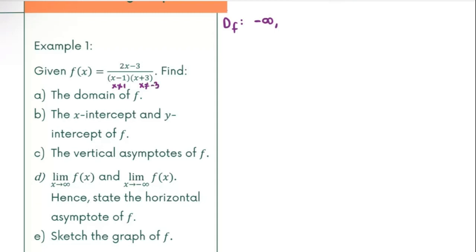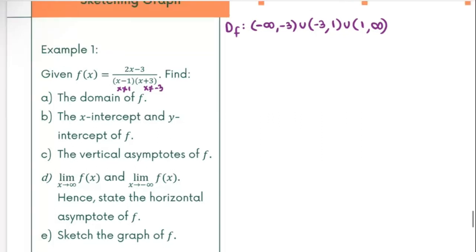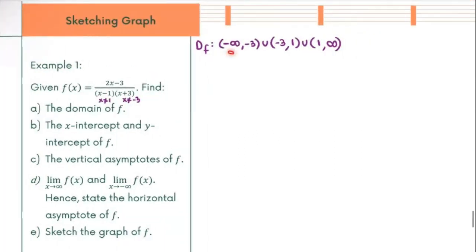Okay, sebab kita samakan denominator dengan kosong kan. So that means our domain will be all real number except negative 3, union negative 3 to 1, union 1 until infinity. Macam mana madam tahu ni madam? Sebab denominator tak boleh value ini sahaja, tetapi dia boleh value all real number except this value sahaja.